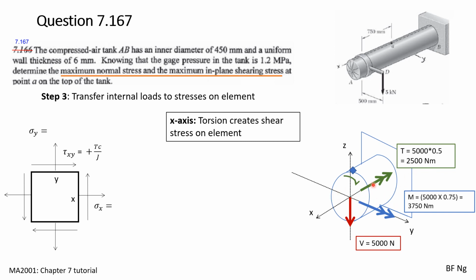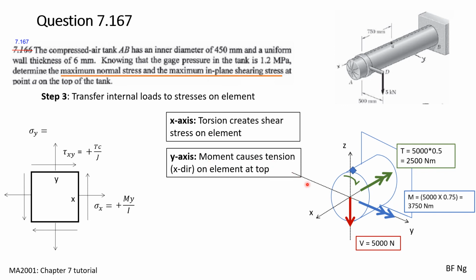Along the x-axis itself, we have a torsion, and this torsion itself creates a shear stress on the element, such that the shear stress is along the circumference in the direction that is towards the right side. As such, it is in this direction, which is the same as the positive convention. Therefore, it's positive Tc over J.